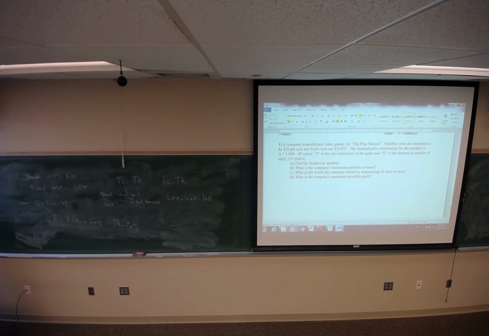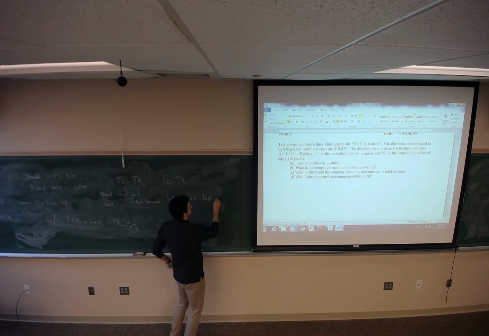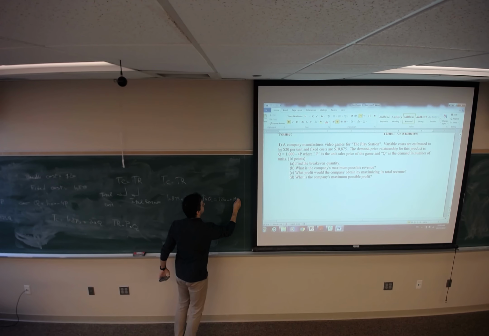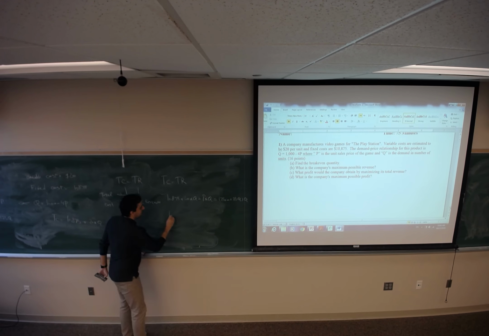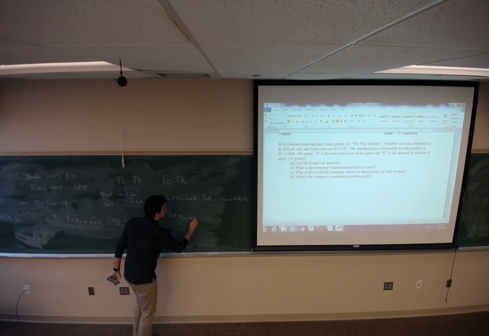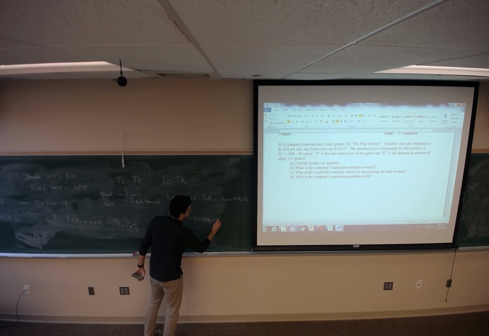1000 minus Q is going to equal 4P, or P equals 250 minus 0.25 times Q. Just replace P with that equation, 250 minus 0.25 Q times Q. So 10,875 plus 20Q equals 250Q minus 0.25Q squared.